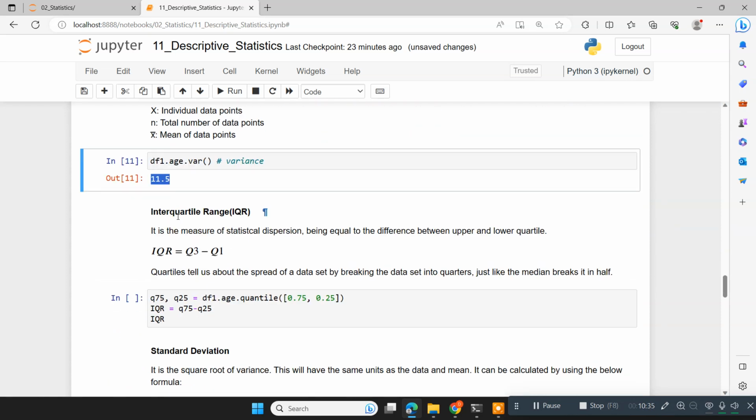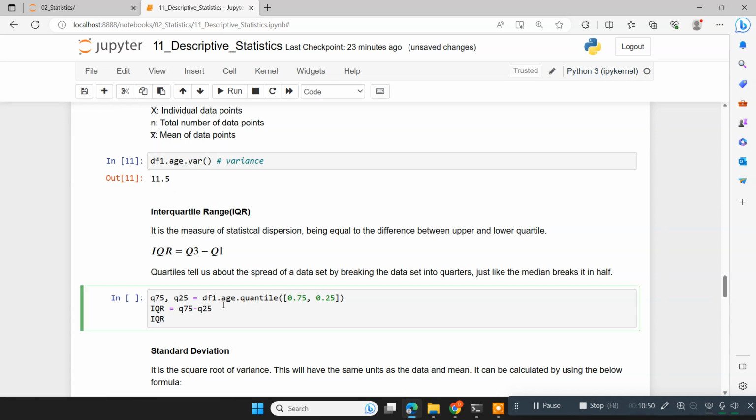Then another measure in the measures of spread is IQR, which stands for interquartile range. This can be calculated as Q3 minus Q1. Q3 means quantile 3, quarter 3, minus quarter 1. So we need to calculate manually. So df1 dot age dot quantile.